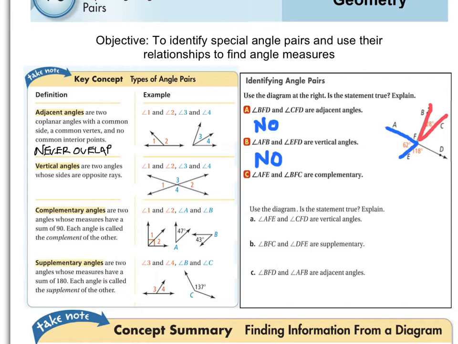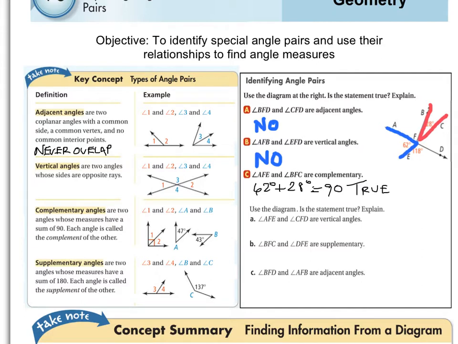So AFE is 62 degrees, and BFC is 28 degrees. In order for them to be complementary, they have to add up to be 90, and they do. So this is true. They do add up to 90.